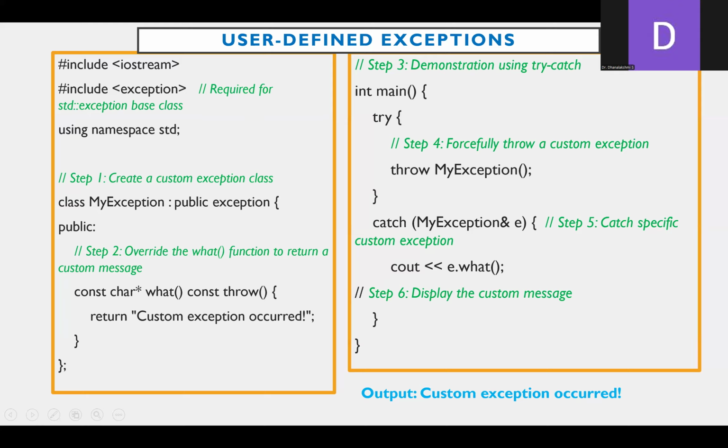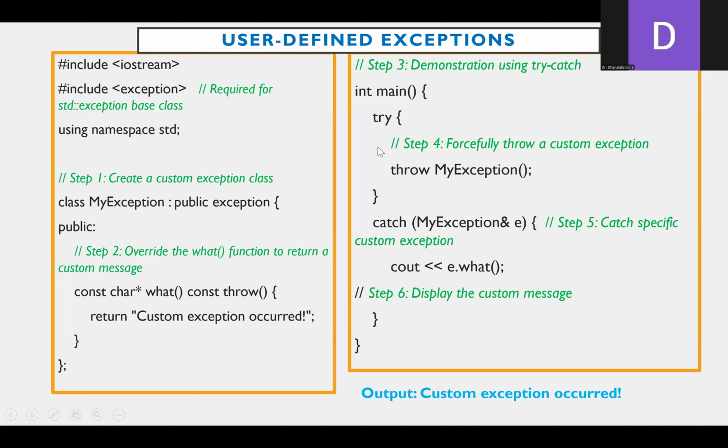Using the reference, that's the ampersand, avoids copying the exception object and preserves its dynamic type. So inside the block, we are calling e.what(), which returns our custom message, "Custom exception occurred", and that is being printed.